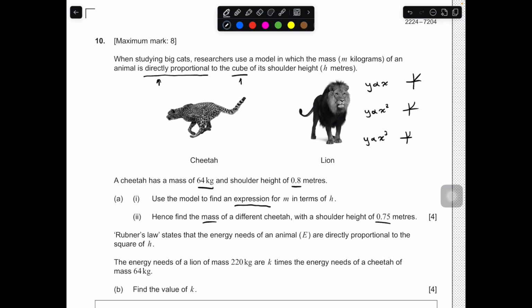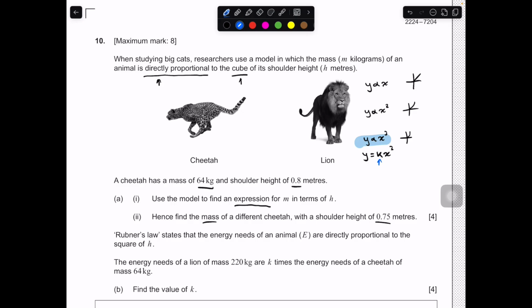So I hope that wasn't too lengthy, but we're dealing with y is directly proportional to the cube of x, or mass is directly proportional to the cube of the height. But we're not content to just say that they're related in some way. We want to be more concrete, and in this case we want to find a proportionality constant, the value of k, which links these two values together.